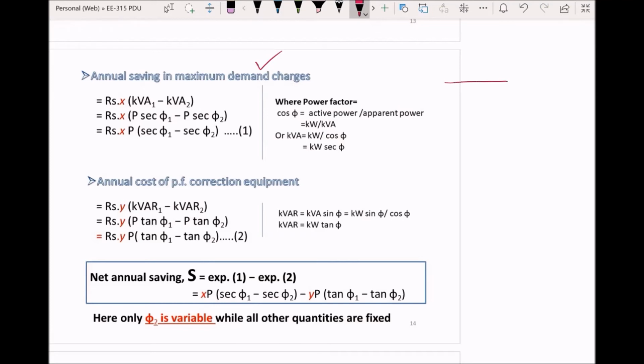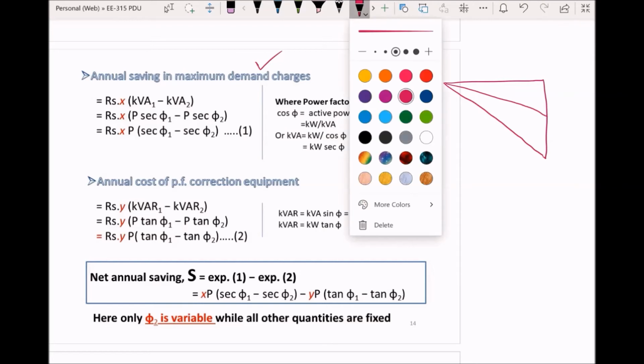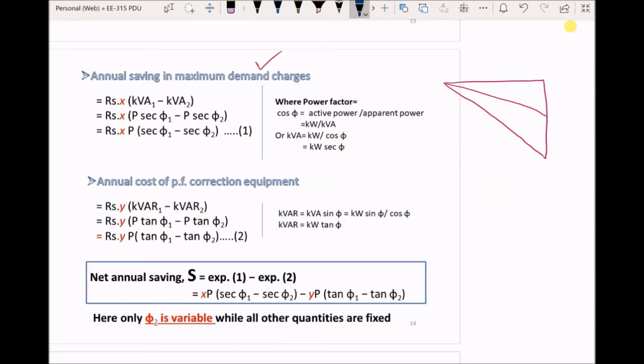It will be somewhat like this, and another current phasor. Okay, so let's say this is O, A and B, phi 2 and phi 1. This is kVA 1, this is kVA 2, and this is kVAR 1.